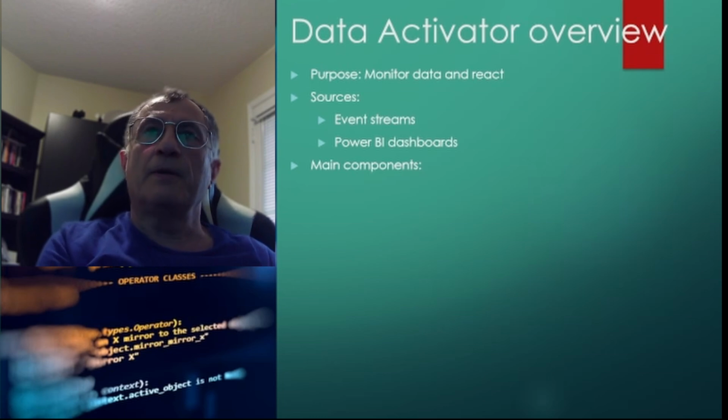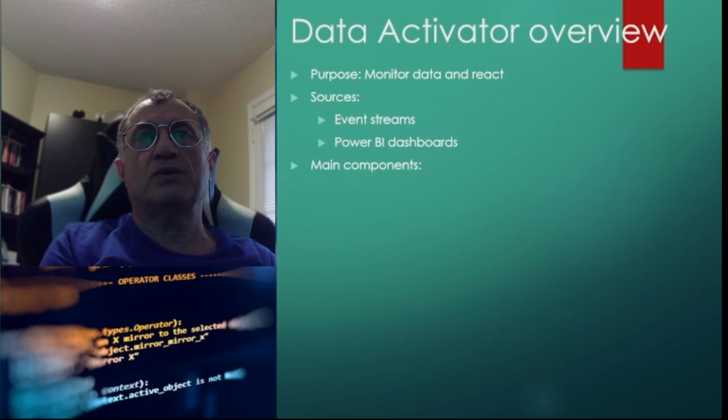First of all, Microsoft uses Reflex and Data Activator interchangeably. So whenever you create a new item, all the configuration and all the components that you're creating happen within the Reflex item.